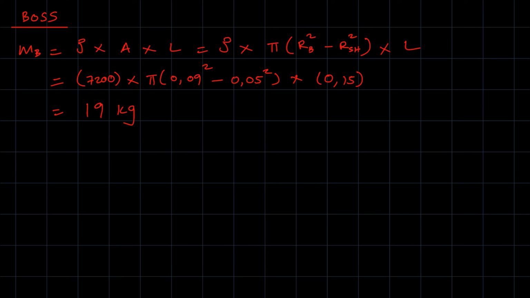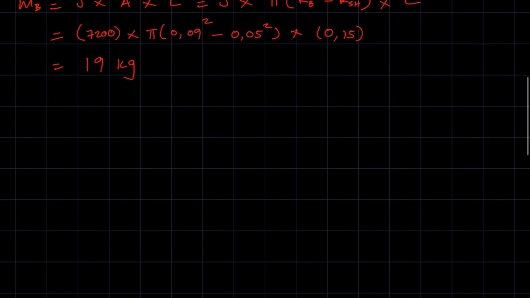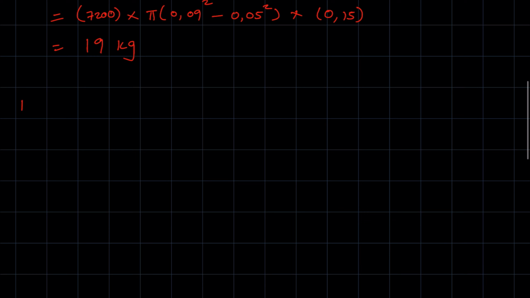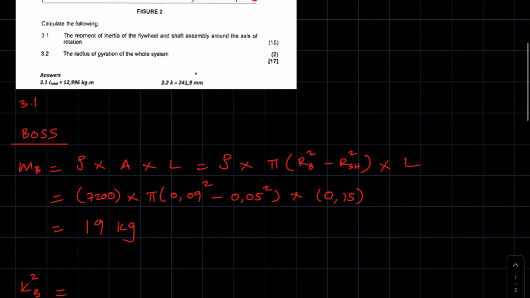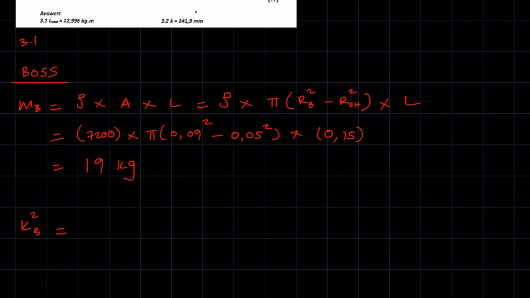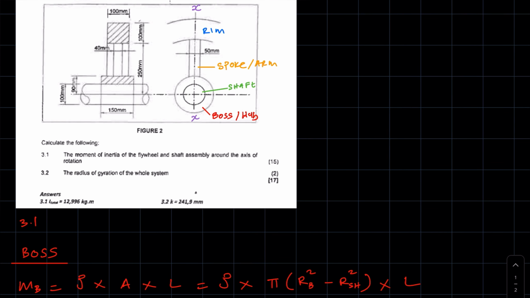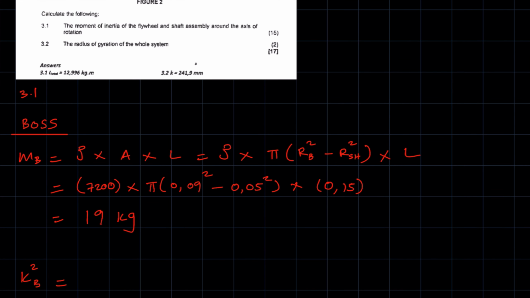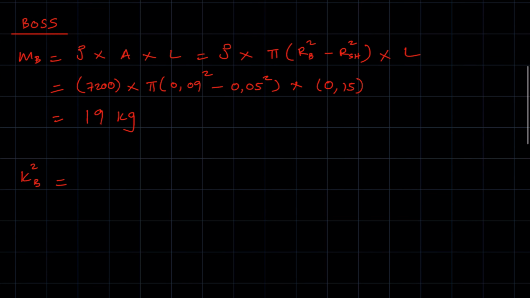So we've calculated the mass, so now we calculate the radius of gyration. Radius of gyration would be k squared, the radius of gyration of the boss, so B stands for the boss. If you look at the area, it's the radius of the boss squared minus the radius of the shaft squared.